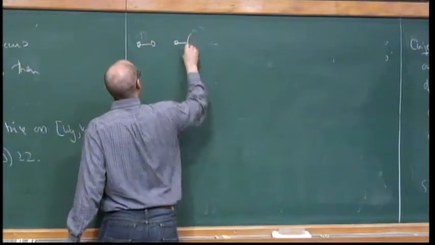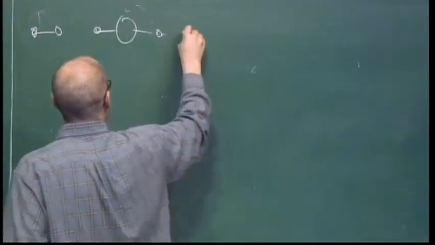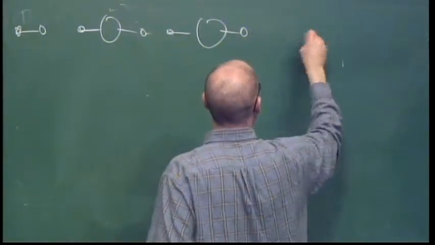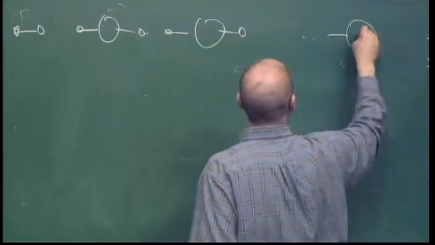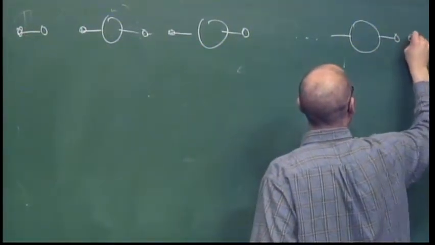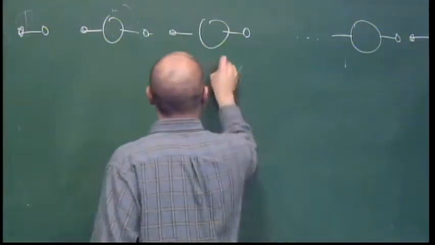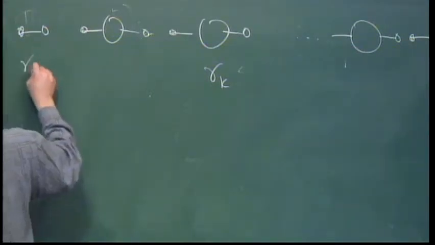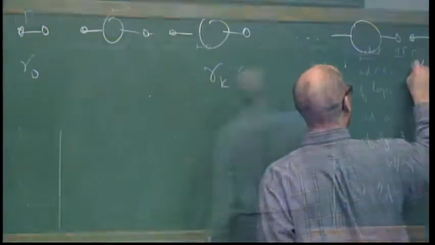So we split our graph up into locally closed pieces, each with one loop except for the bridges on the ends. So gamma k is the segment that contains the kth loop. So here we have gamma 0, and here we have gamma g plus 1.